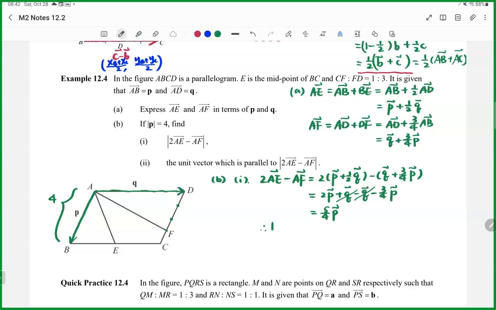Therefore, the length must equal 5 over 4 P's length. In this case, 5 over 4 times 4. That's 5. Okay. Part B.